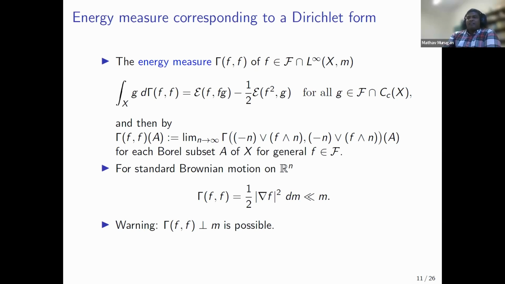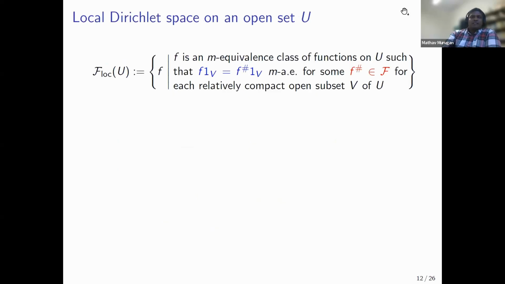Okay, so this is a short overview of this theory. And now, once we have these energy measures, one can define local versions of these Sobolev spaces corresponding to these Dirichlet energies. And one can hope to define a reflected diffusion using that approach. So here is how the definition goes. This is an abstraction of the local Sobolev space on a domain U in this setting.